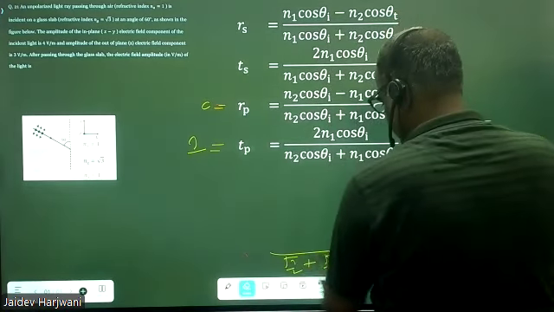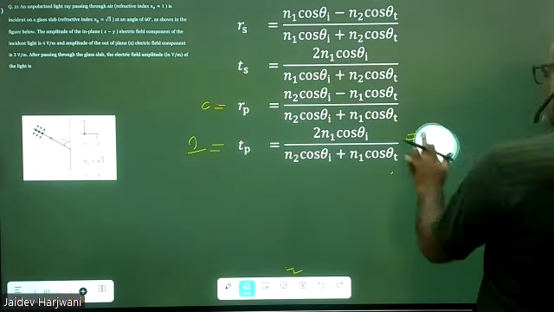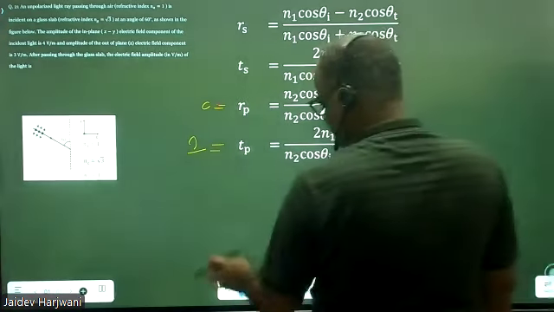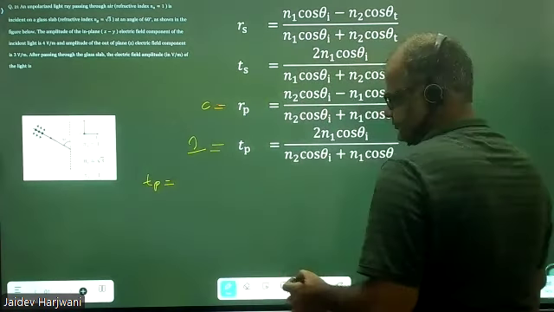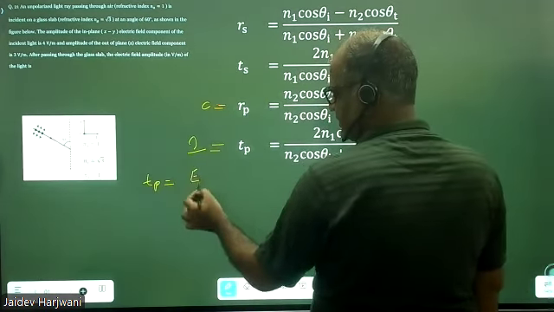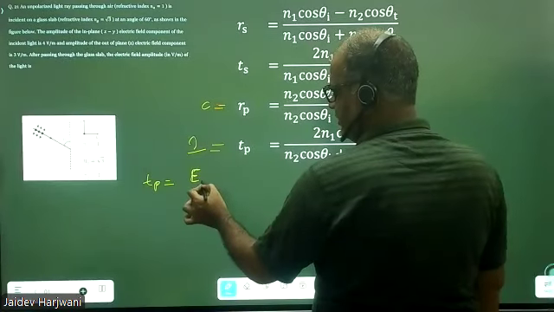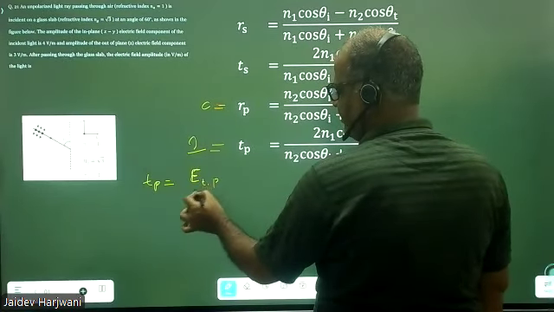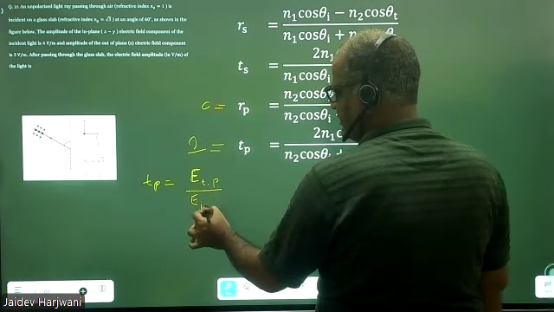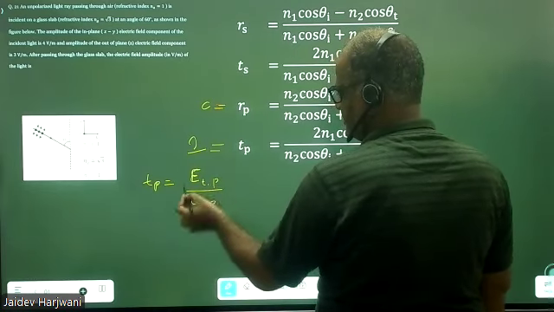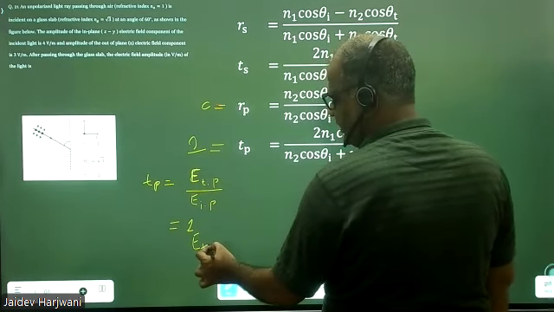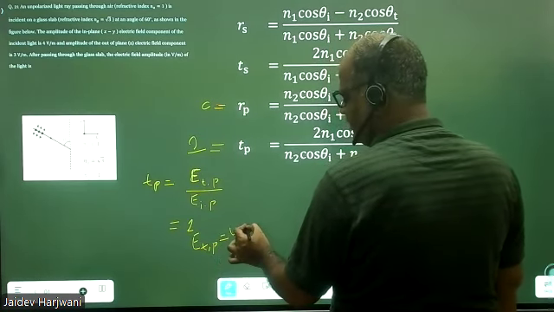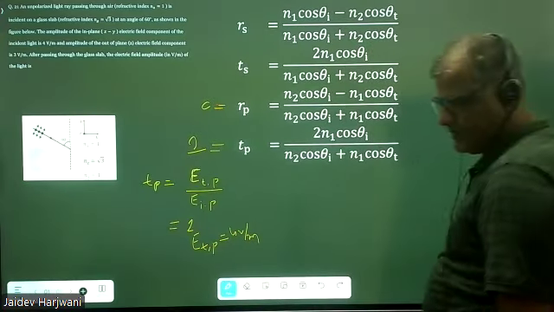Now let me calculate. What does this mean? So your TP is what? TP is the ratio of the transmitted component and the incident component, which is 1. That means ETP is 4 volt per meter, without any loss it is coming.